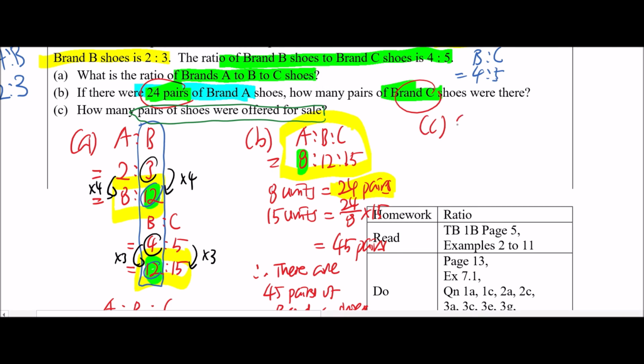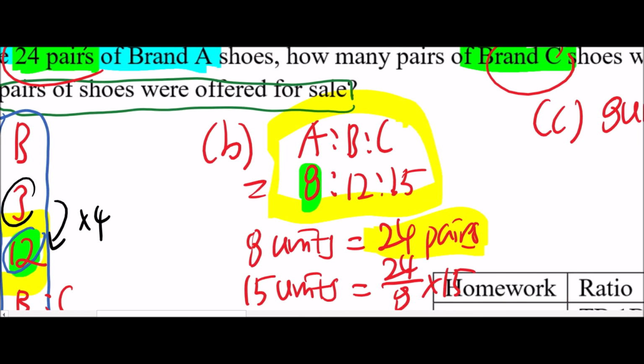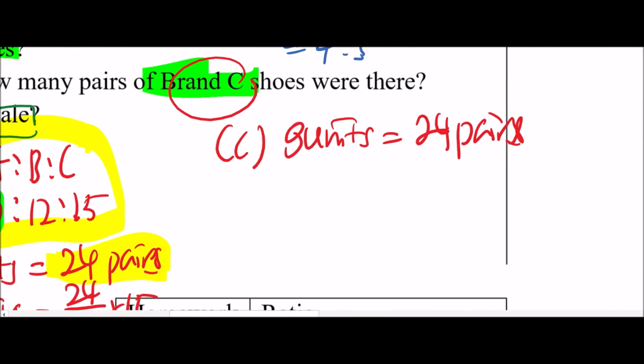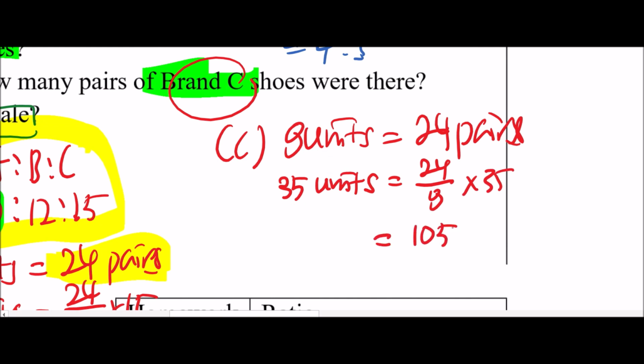Since 8 units represent 24 pairs, now how many units of shoes are there altogether? 8 plus 12 plus 15, that gives us 35. So 35 units, 24 over 8 times 35. That gives us 105 pairs.